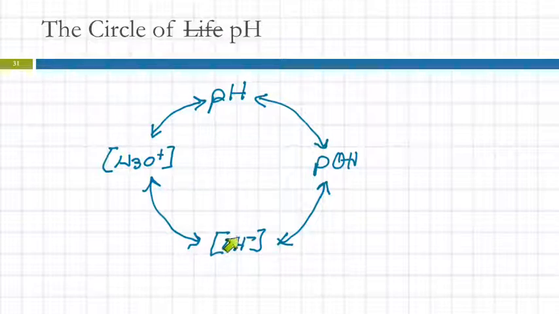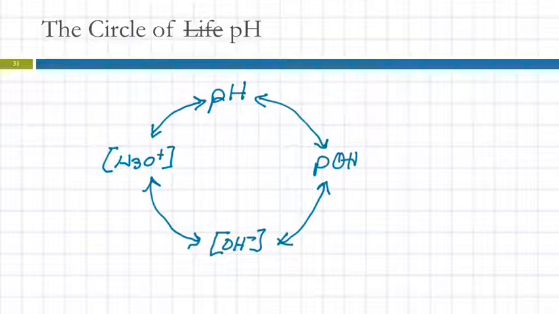You could find one, but it's a lot simpler to just go through pOH or go through hydronium ion concentration. If you're starting with hydronium ion concentration and you want the pH, you could go to hydroxide and pOH and then to pH, but that's longer, right? So I like this circle because you see where you are, where you need to go, choose the shortest route or choose the route that seems easiest to you.